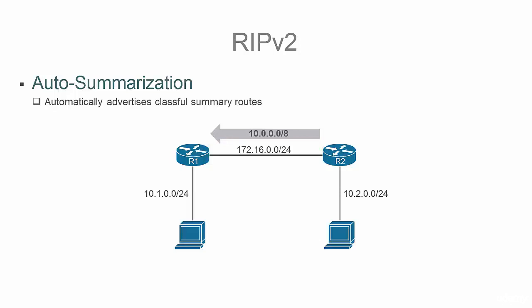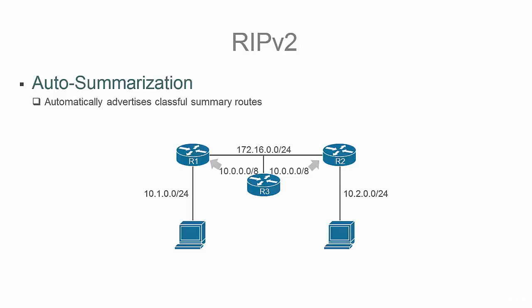Sometimes auto-summarization is okay, but imagine if we had another router in the mix and R3 wanted to get to the 10.1 network that's connected to R1 and the 10.2 network that's connected off of R2. Well, in this scenario, when R3 wanted to get to either of those networks, it actually would have two summaries, one to R1 and one to R2, that by default would be equal cost.